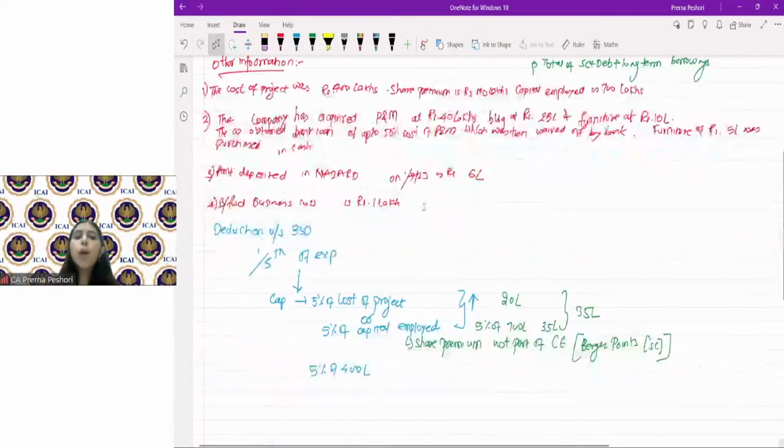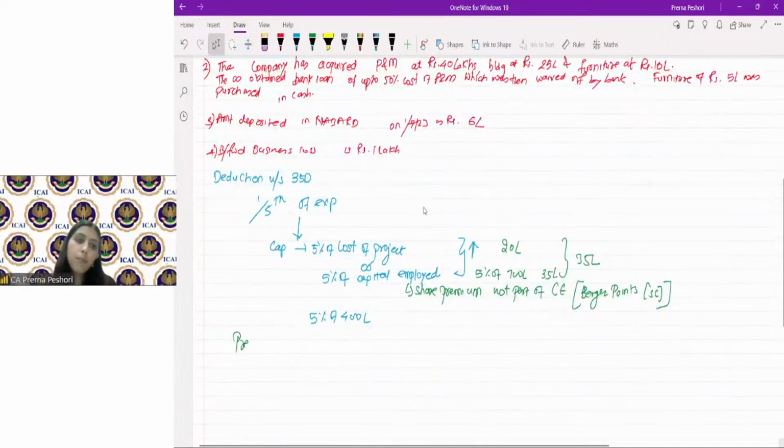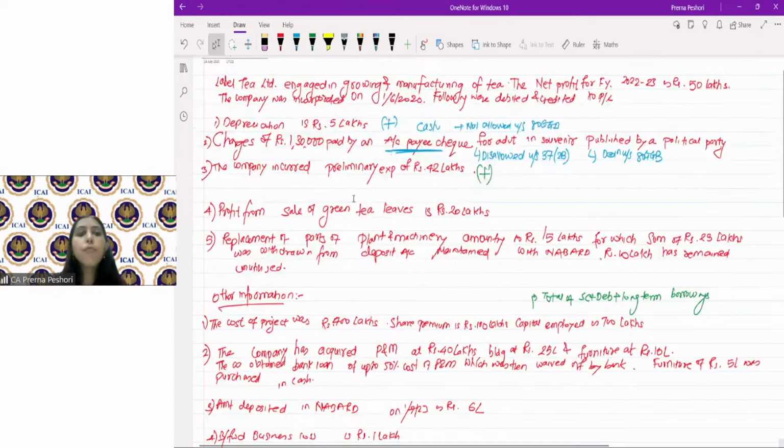And what we will allow is preliminary expense 35 lakh divided by 5. So this will give me 7 lakh. Are we clear? Yes or no? Clear? Okay. Next adjustment is profit from sale of green tea leaves, 20 lakh.